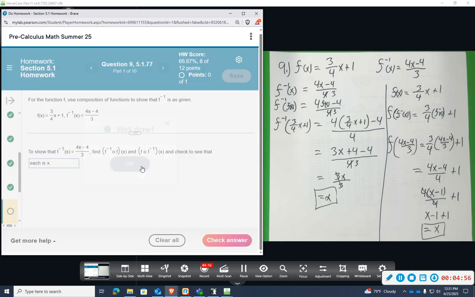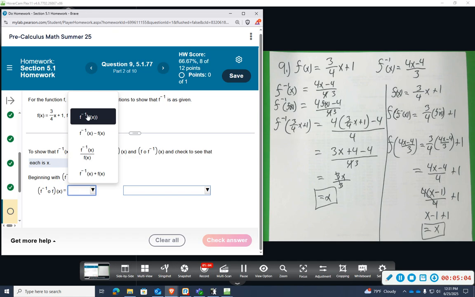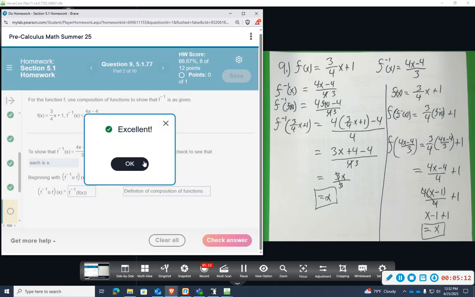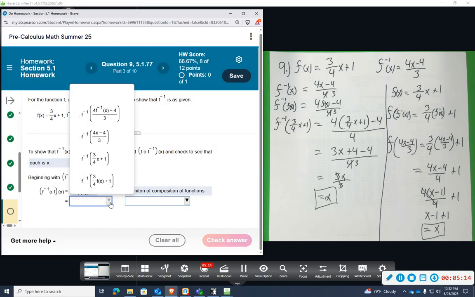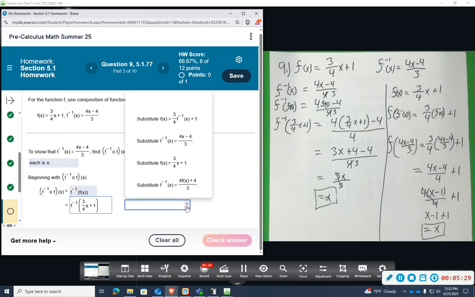We're going to start with the inverse, plug in f of x. Definition of composition. We're going to start with the inverse, and then we plugged in the 3 over 4x plus 1. And this is substituting f of x for its function.